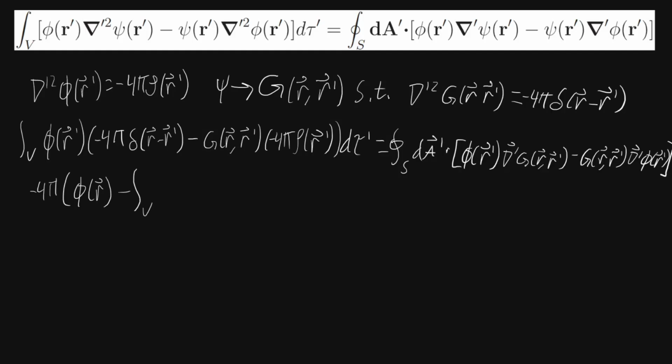So we're going to integrate over our volume of the part that starts with the Green's function. And then we pulled out the negative 4 pi already, so we can get rid of that. And then we just have a rho of r prime, and then we're integrating over tau prime or d tau prime. Right, and then we can't really simplify anything in this integral, so we're going to leave it as it is.